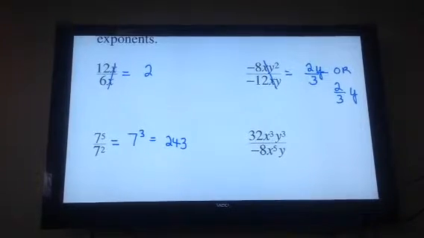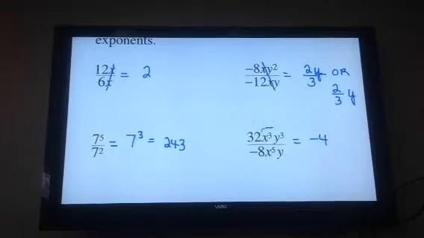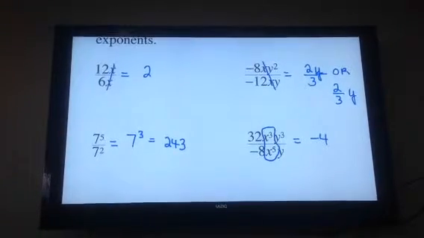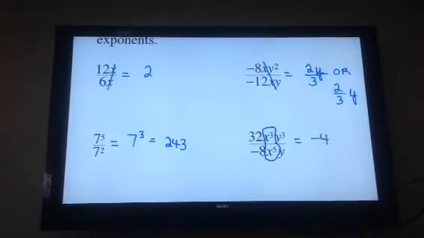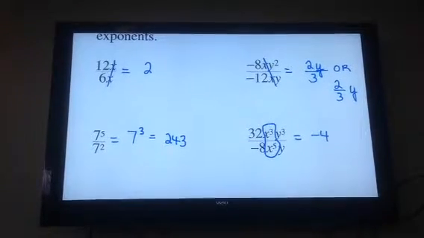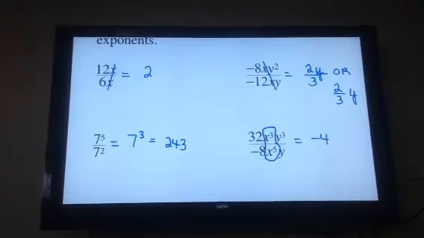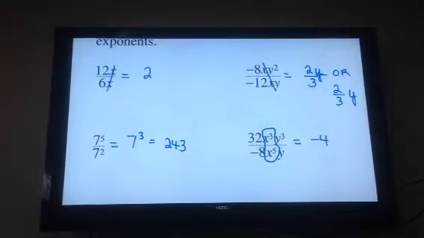32 over negative 8 is negative 4. And I'm going to talk about these x's now. This is where I can use the rule 2 ways. I am going to subtract because I'm dividing. But since my power is larger in the denominator, I'm going to subtract in that direction.